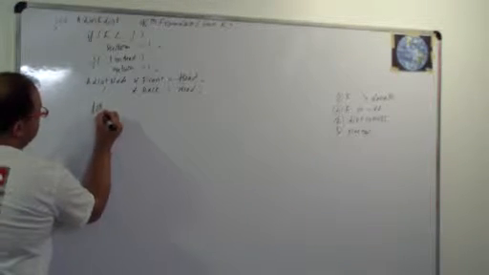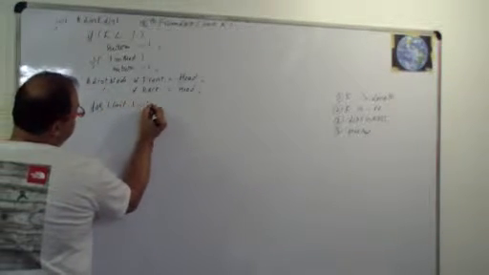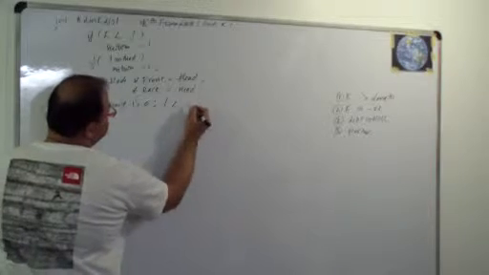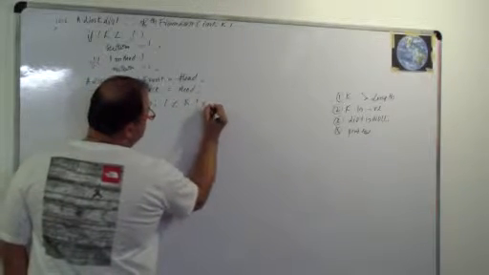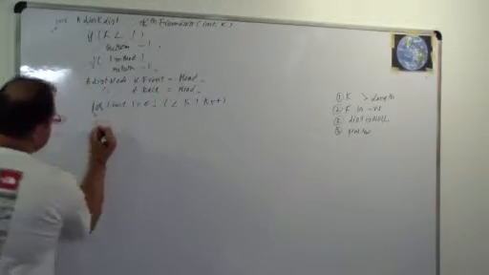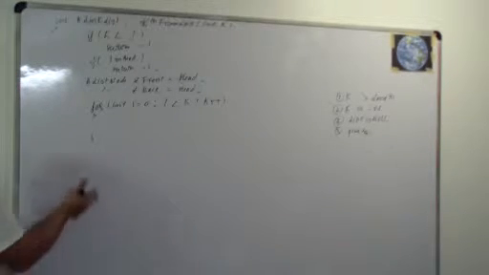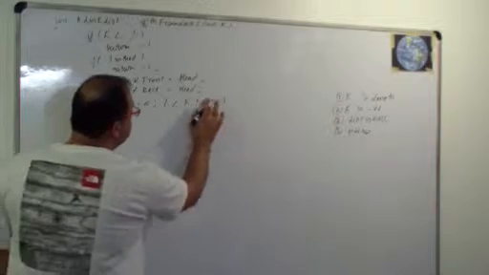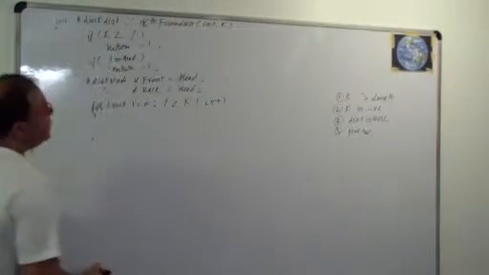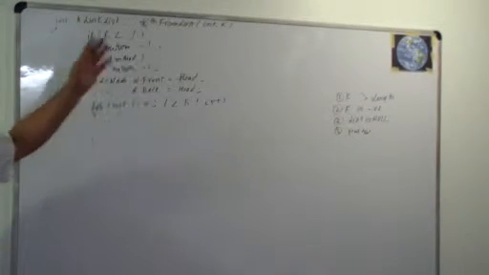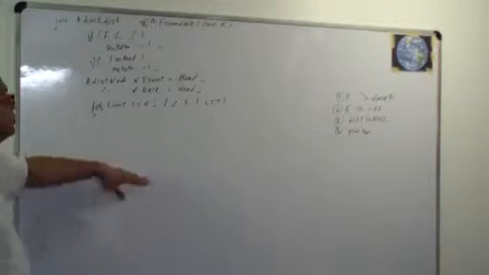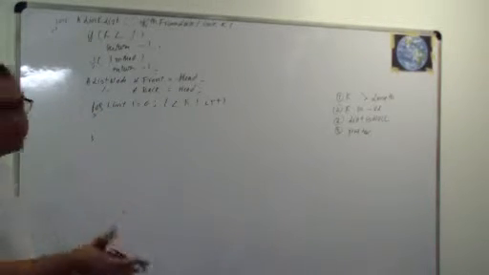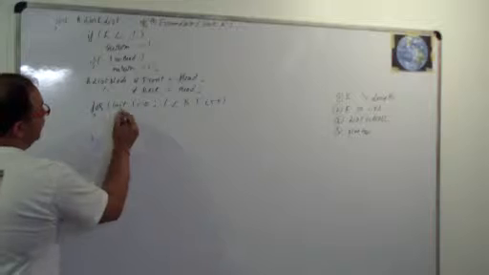So for integer i equal to 0, i less than k, i plus plus. You can use a while loop here also. I always use for, I don't know why. It gives command over the index.